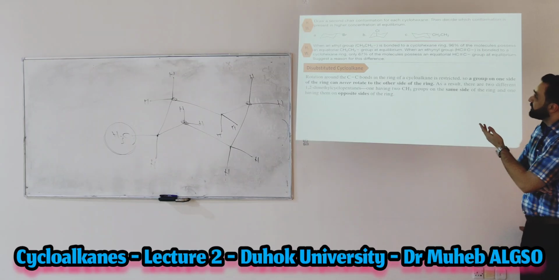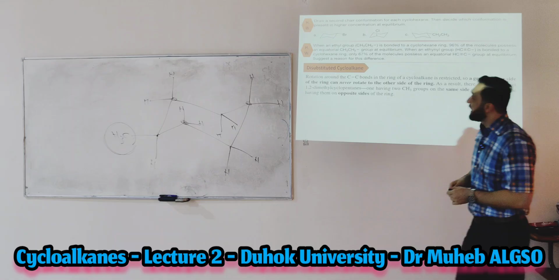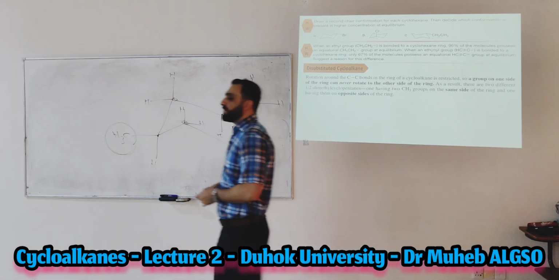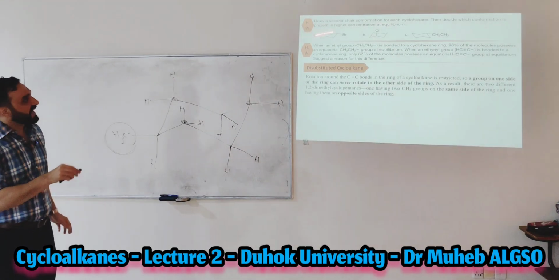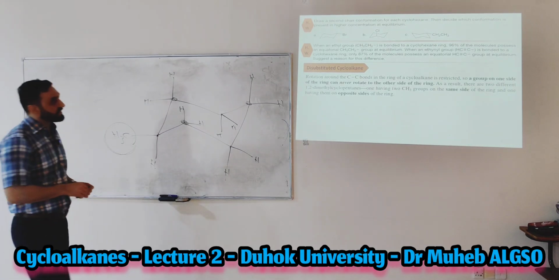Draw the second chair form for each cyclohexane, this one, this one, and this one. Then decide which conformation is present in higher concentration, meaning which one is more stable.